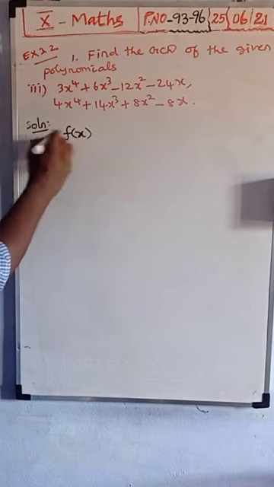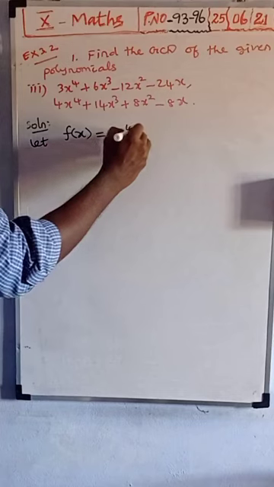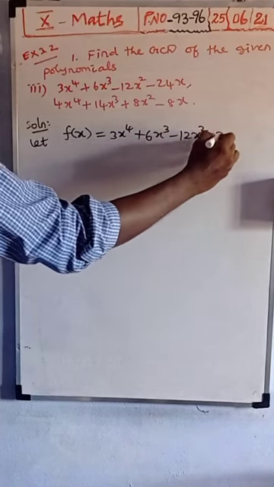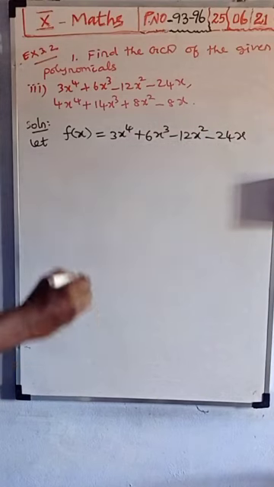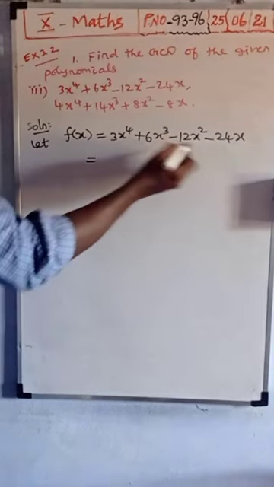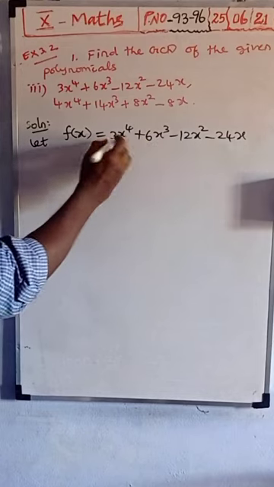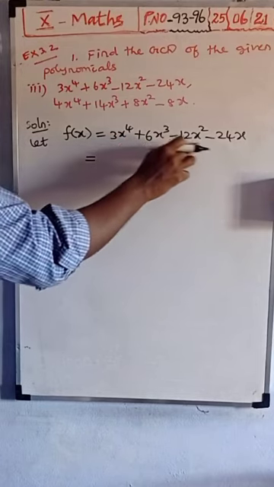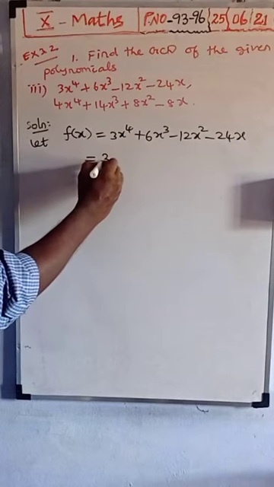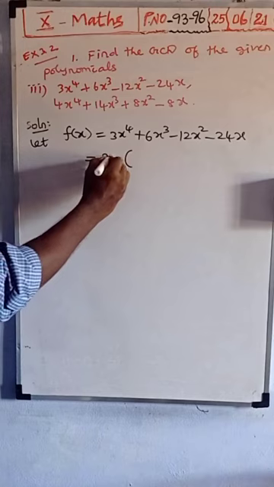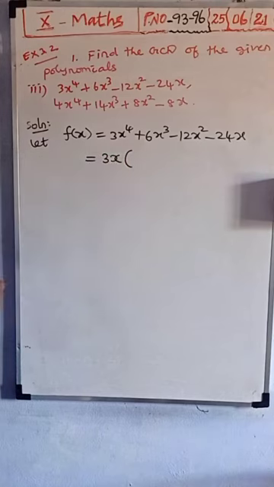Let f of x be 3x power 4 plus 6x cube minus 12x squared minus 24x. Now, what is common? x is common, and the 3 table is also common: 6 is possible, 12 is possible, 24 is possible. So you take 3x outside.